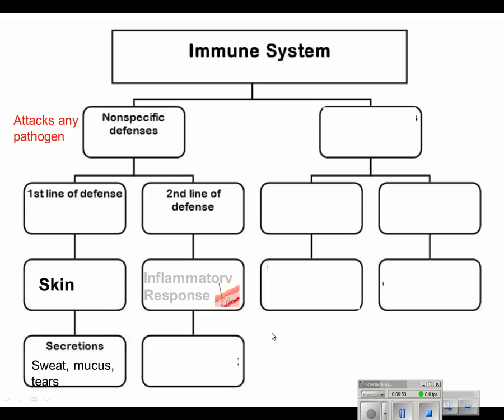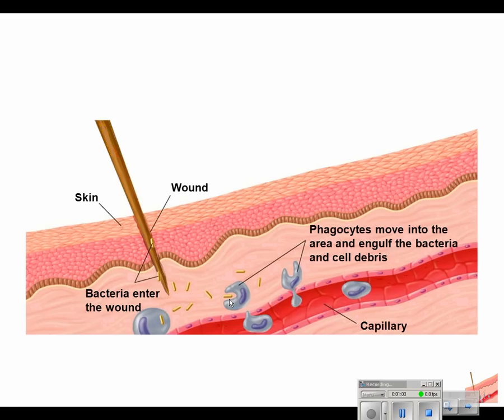The second line of defense is going to be the inflammatory response. And what happens is when you have something that penetrates that first line of defense, so here you have a wound being formed, possibly by a splinter or something, it's breaking the surface of the skin.